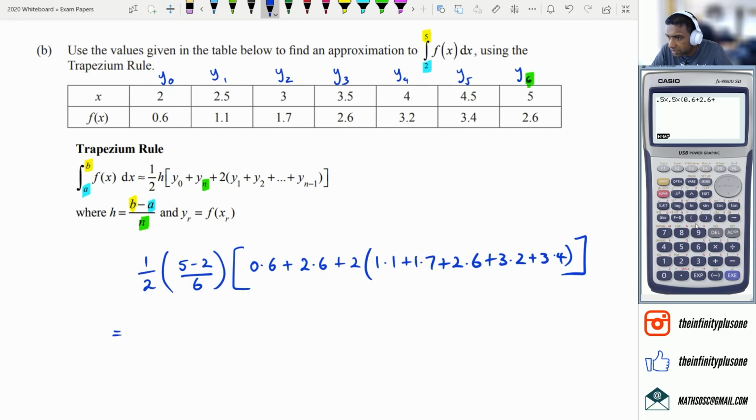It's just easier using this. Plus 2 times what is all in the bracket, 1.1 plus 1.7 plus 2.6, 3.2, plus 3.4. And that gives me an answer of 6.8.